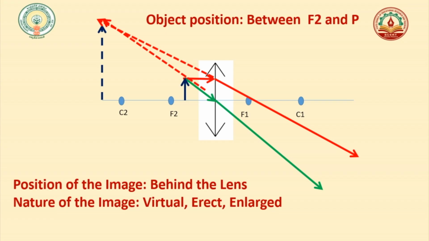They appear to meet at a point on the same side of the lens, so this is the virtual image. This is the case in which a virtual image may be formed by using a convex lens. Here, if the object position is between F2 and P, the position of the image will be behind the lens and the nature of the image is virtual, erect and enlarged. You have to observe that one.